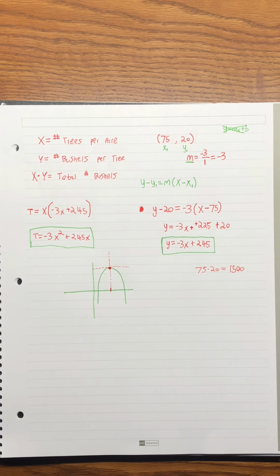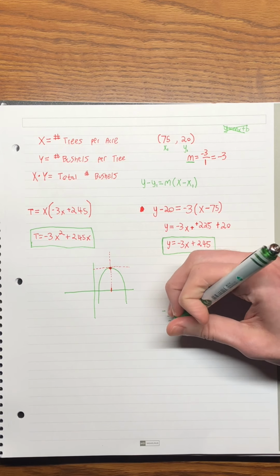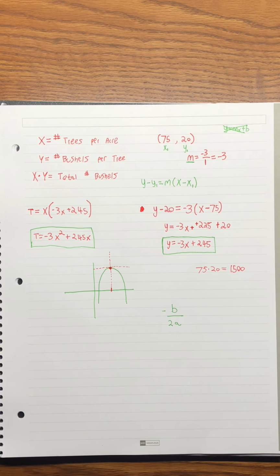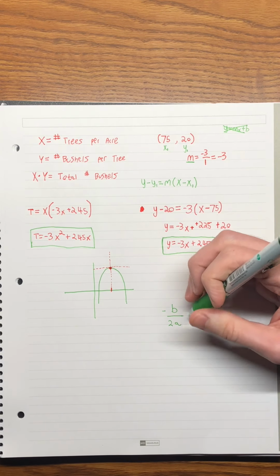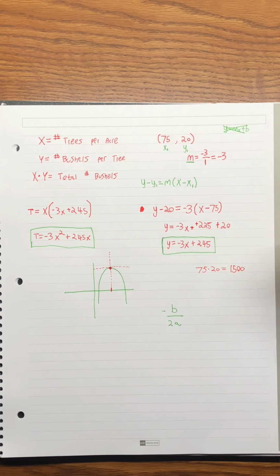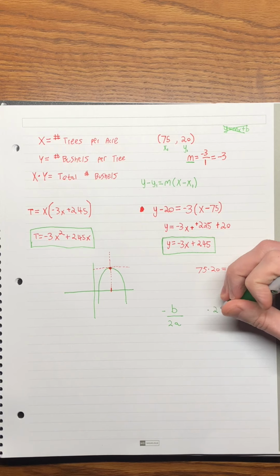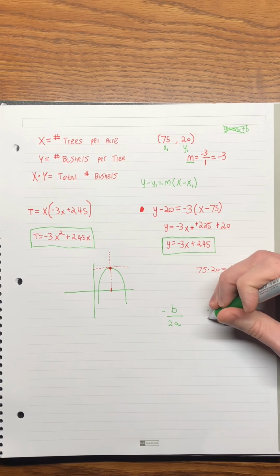And in order to do that, we use the handy formula, negative b divided by 2a, in order to figure out what x value is going to give us the maximum. Whenever we do that, b in this case is 245, so we have negative 245 divided by 2a.